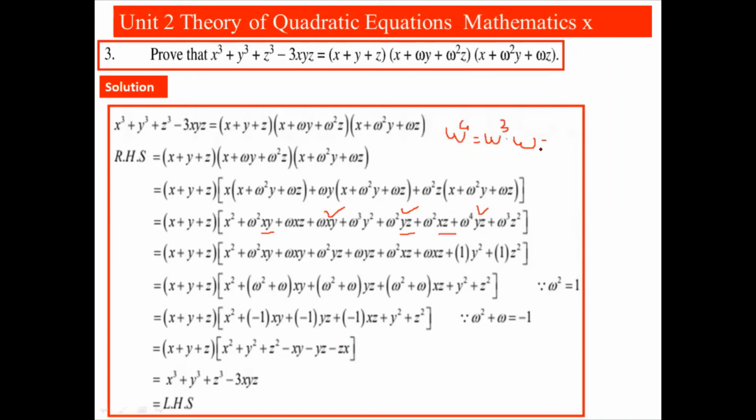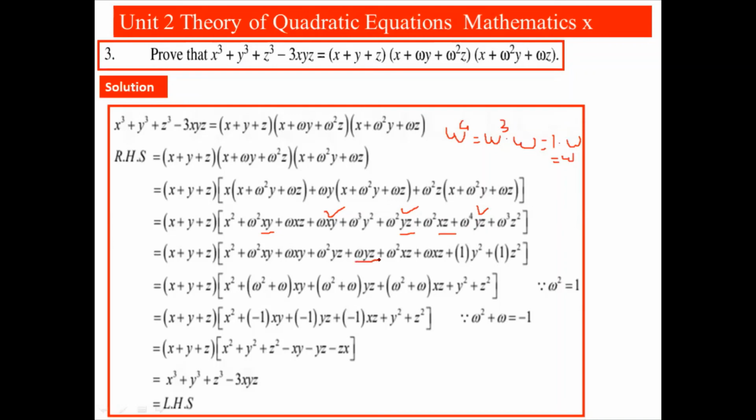So we know that this omega cube is equal to 1. So 1 dot omega is equal to omega. So we can see that omega cube is equal to 1, so omega raised to power 4 is equal to omega. So yz omega raised to power 4 can be written as yz omega.